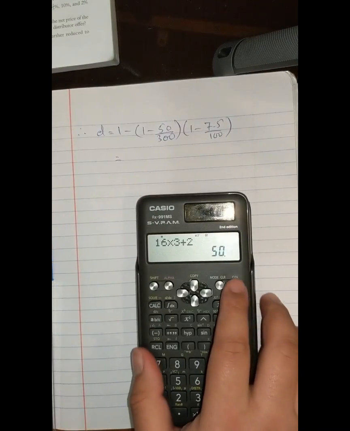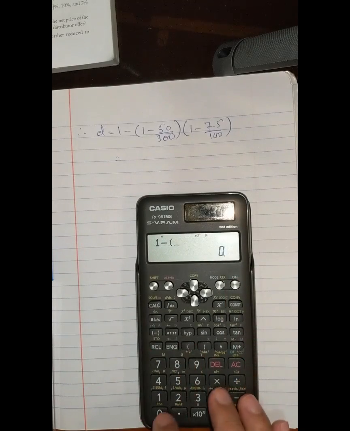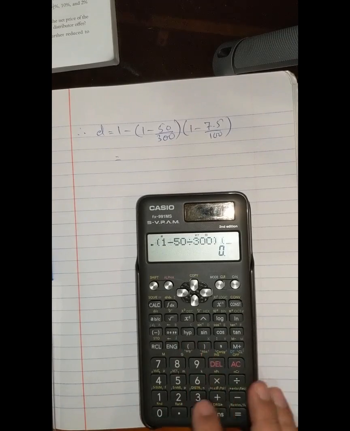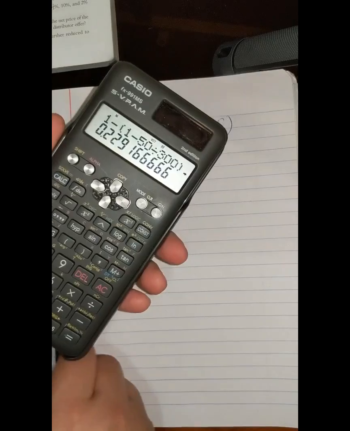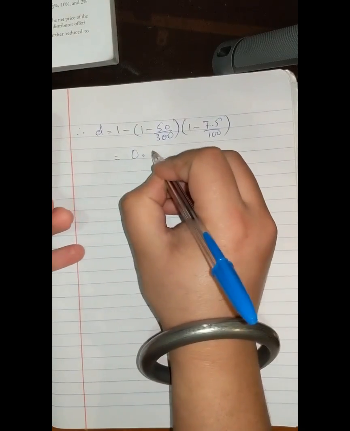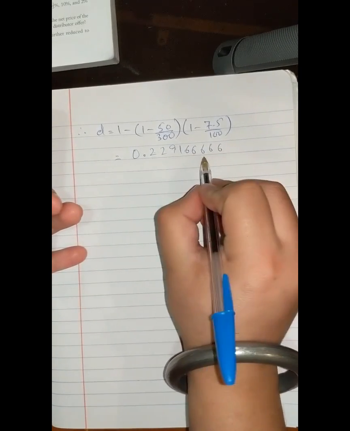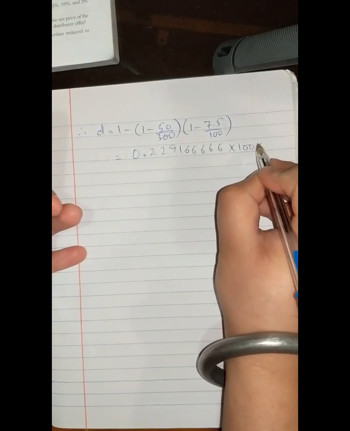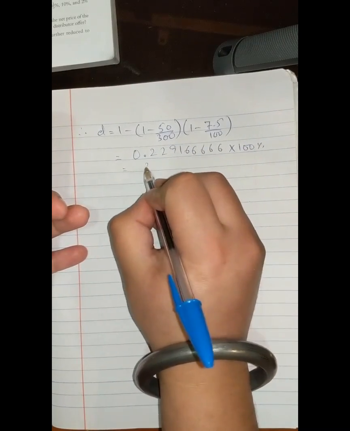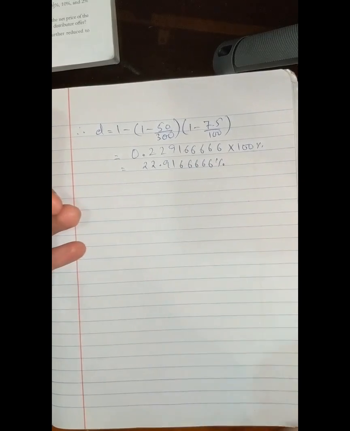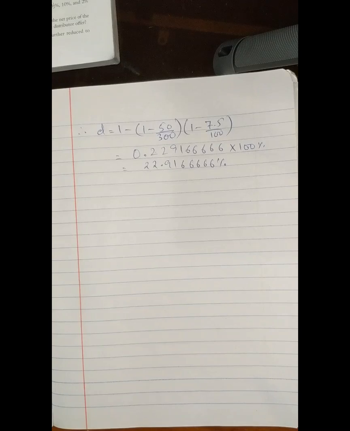This is 1 minus bracket start 1 minus 50 divided by 300 bracket close, bracket start 1 minus 7.5 divided by 100 bracket close. I got 0.229166666, and I can convert this into percent by multiplying by 100%. This gives me 22.916666%. That's it. If the question is not asking you to round, do not round.